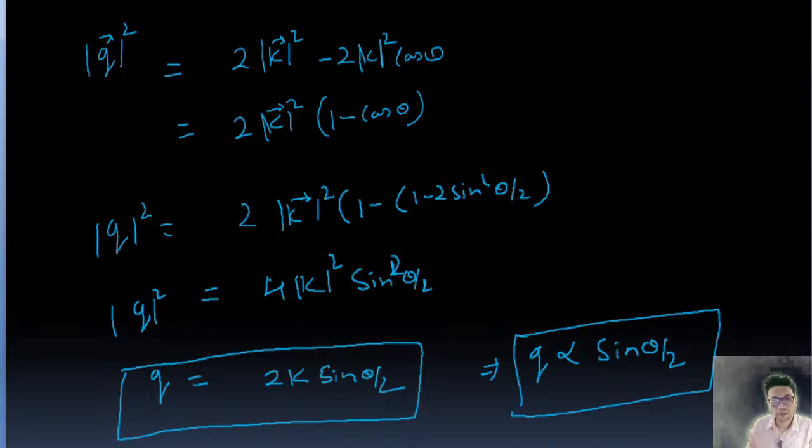Okay, so next, from here the value of this is going to be the value of the scattering amplitude f, which is a function of theta and phi. Now the value of q is this.